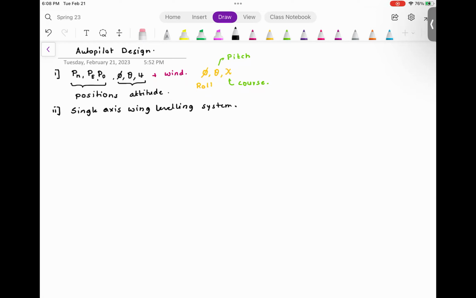Now, there are quite a few flight phases that we need to think about. And we are not talking about fighter planes or dogfights. We are talking about commercial planes or simple transportation planes.